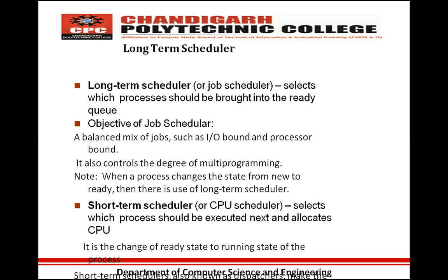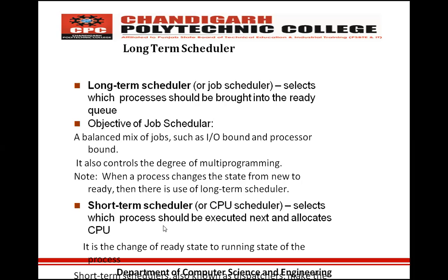New state means the process is being created, and after the creation of the process, the long-term scheduler puts it into the main memory, which is called the ready queue. This is the task of the long-term scheduler.